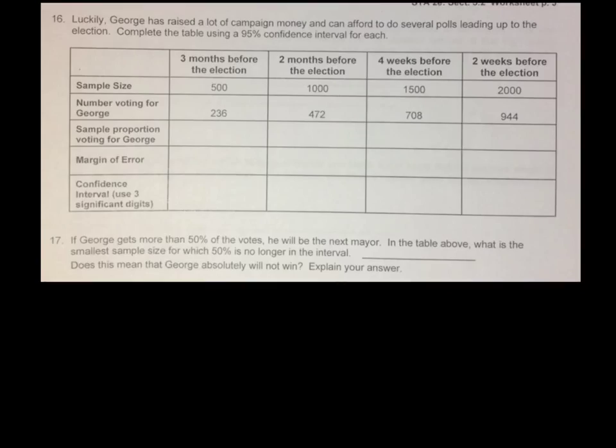Okay, now in this one, you're going to do 3 months, 2 months, 4 weeks, and 2 weeks. Now you're going to complete the table using a 95% confidence interval. So, on number 16, I'm going to do the first column for you. So basically for 3 months before, you're going to take the 236, because you're wanting your sample proportion, so you need your p-hat. So your p-hat is going to be how many you asked.